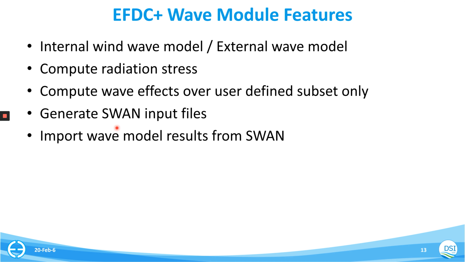And to give users a better experience coupling with the external SWAN model, EFDC Plus in the GUI allows users to generate all the required input files for SWAN to run. And then, of course, you need to load it back in. So EE has the capability of importing all the wave model results from SWAN too.